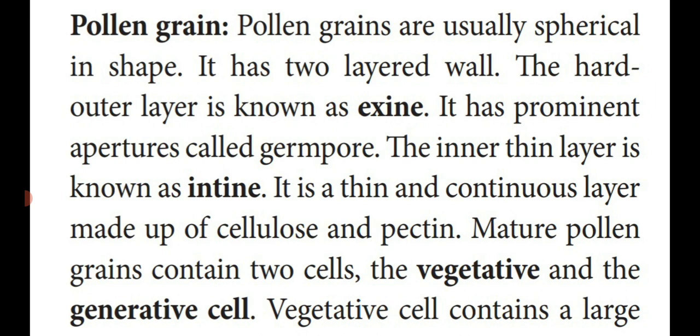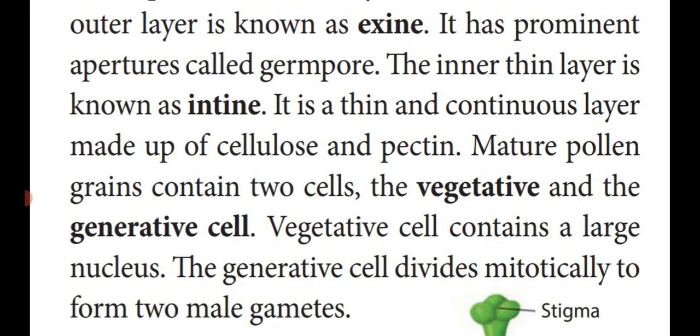A matured pollen grain contains two cells, as we have seen in the diagram. One is the vegetative cell, another is the generative cell, that is, the vegetative nucleus and generative nucleus. The vegetative cell contains a large nucleus, oval shaped and red in color, as we have seen.